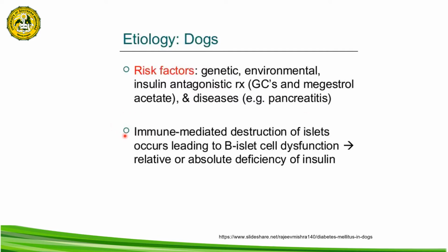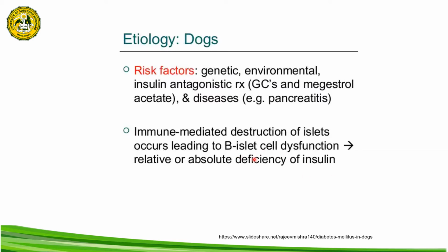Another risk factor is the immune-mediated destruction of the islets. So this can occur leading to beta cell dysfunction or the beta islet dysfunction. So when there is a dysfunction of the beta cell, this could result in a relative or absolute deficiency of insulin.